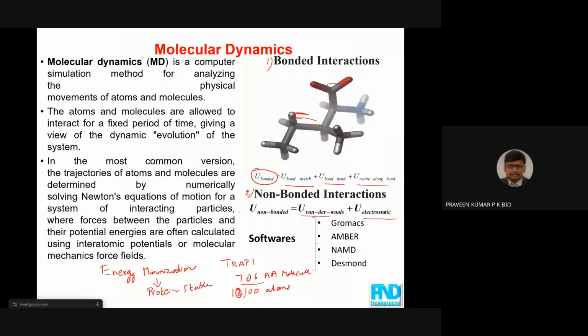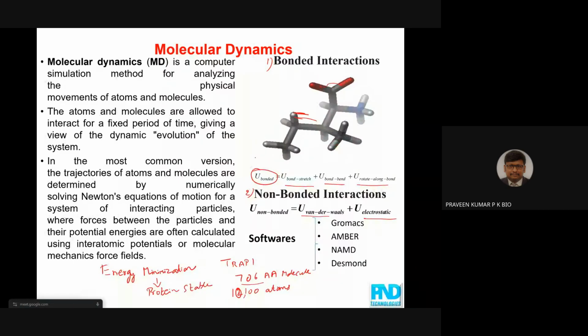So if you want to check the effect of solvents on a particular protein, instead of trying lab experiments, we can try the same even in computational experiments. And also, whether a ligand is bound with a receptor, or if you want to check the binding of a ligand with a receptor over a period of time, we can go with molecular dynamics simulation.